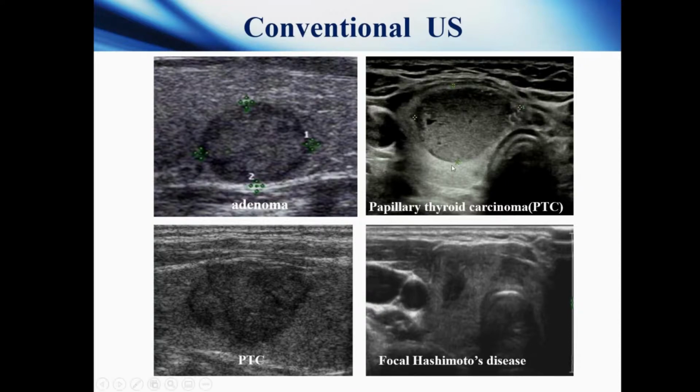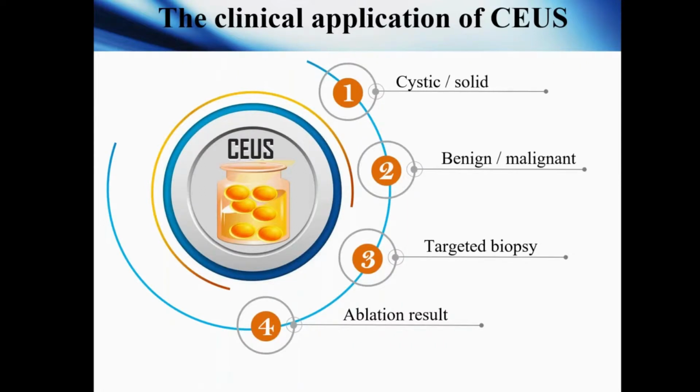For example, this cancer looked like a benign adenoma, and this benign disease looks like cancer. So a new method is required to improve the diagnostic ability for thyroid cancer.